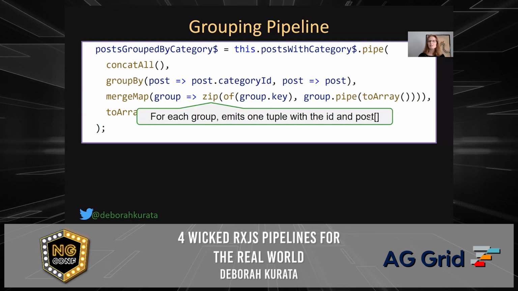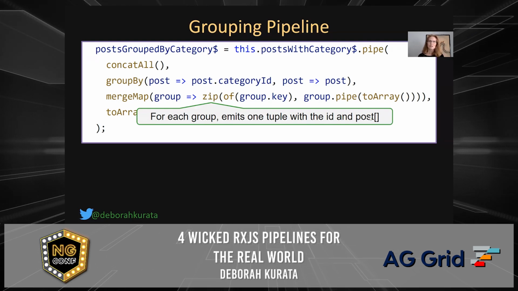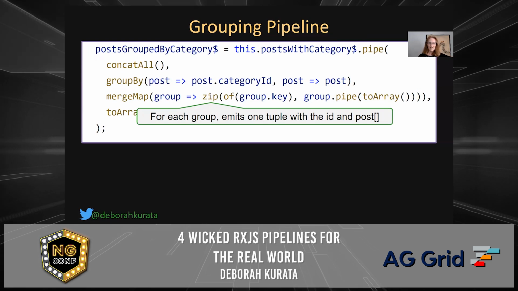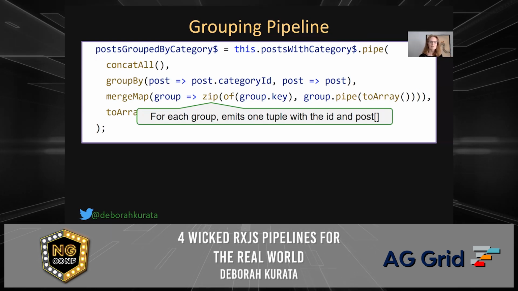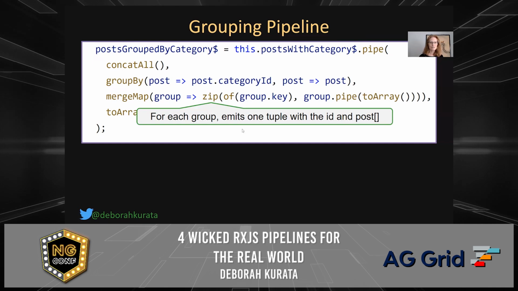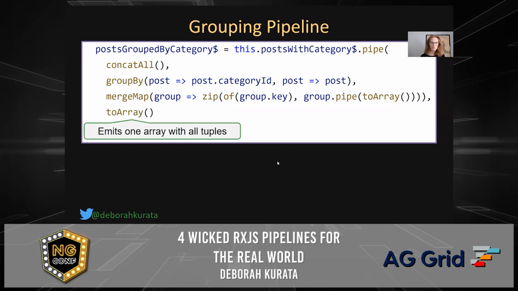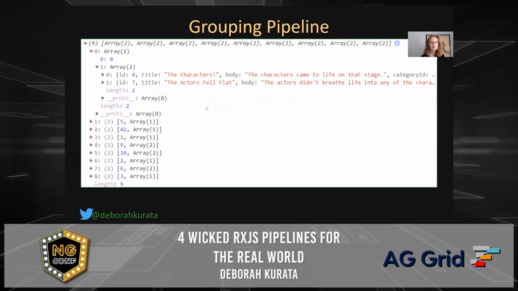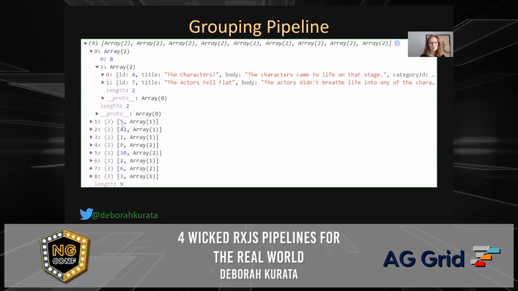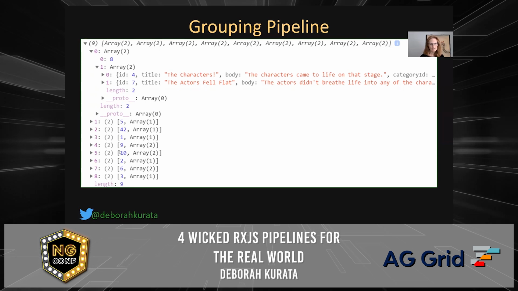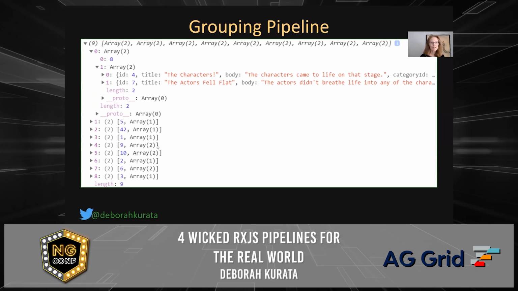And then this wants to emit one group at a time. But our UI doesn't want one group at a time that disappears when the next one's emitted. It wants an array of all of them. So we use to array on the end. If you weren't able to quite picture that, this is what it would look like. We have category 5 with one array element, category 9 with two array elements.